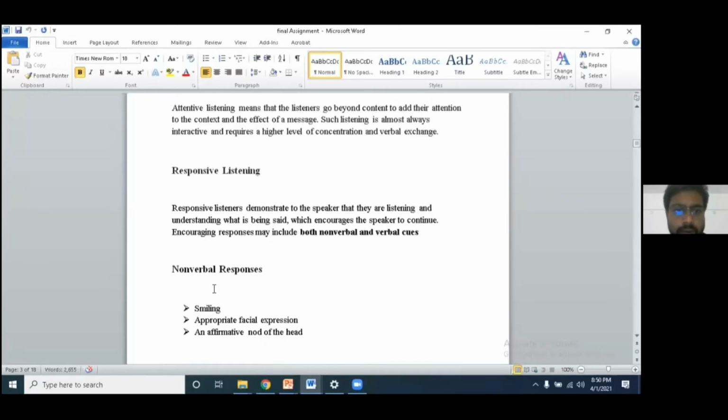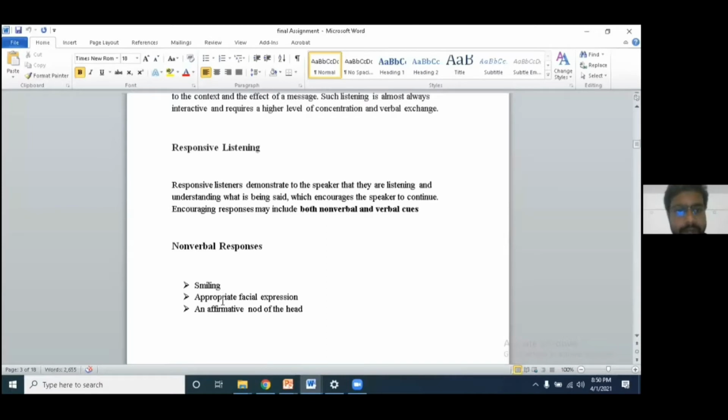So nonverbal responses are smiling and appropriate facial expression. When we understand something in class, like when our teacher teaches math or English, and the teacher says, Mr. Hassan, you understand? Sometimes we just smile. That means we understand.